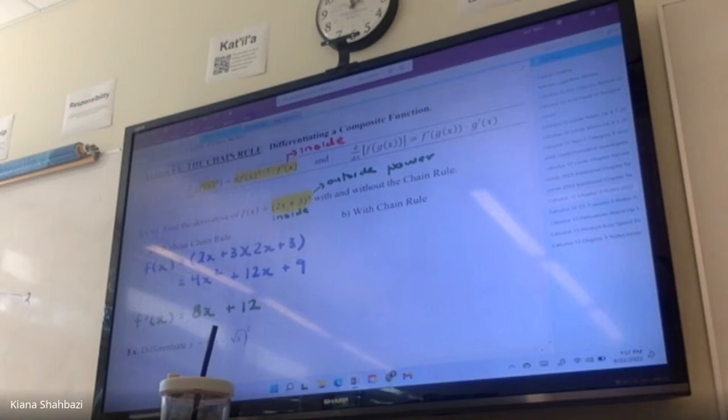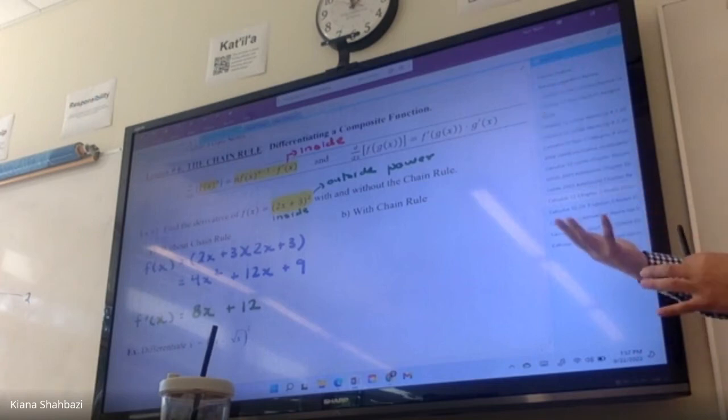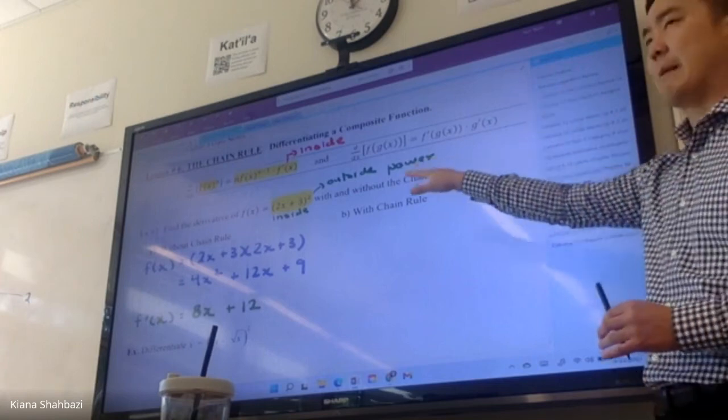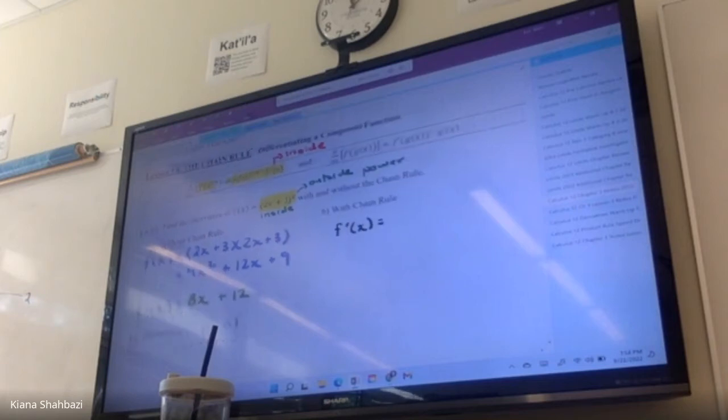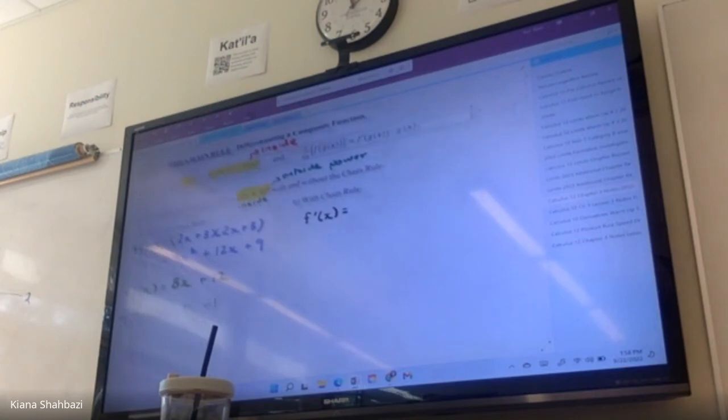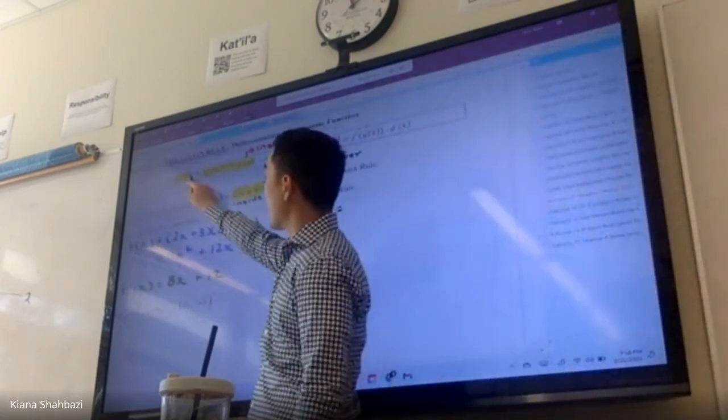When you're looking at this notation, it looks kind of weird, but if I do it with a simple example like this, it's going to make a little more sense. Let me start off by saying f prime of x over here. Go super slow here. What do you notice about the power here? This power goes in front, right?